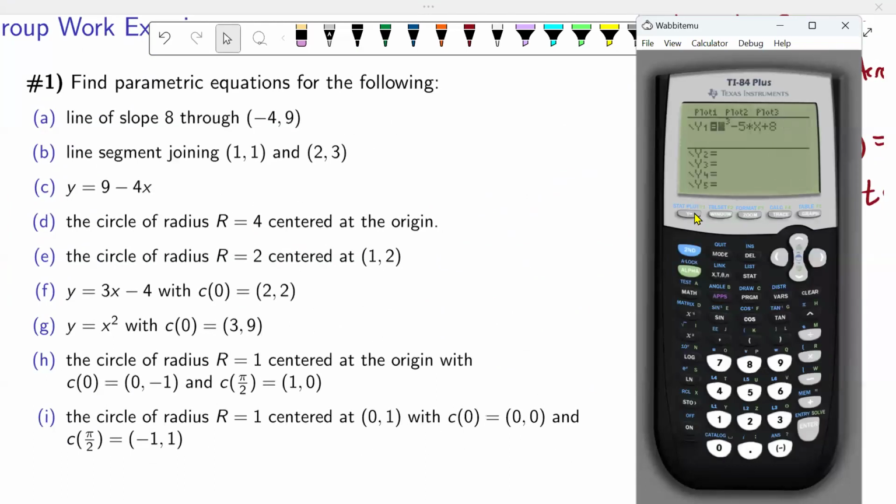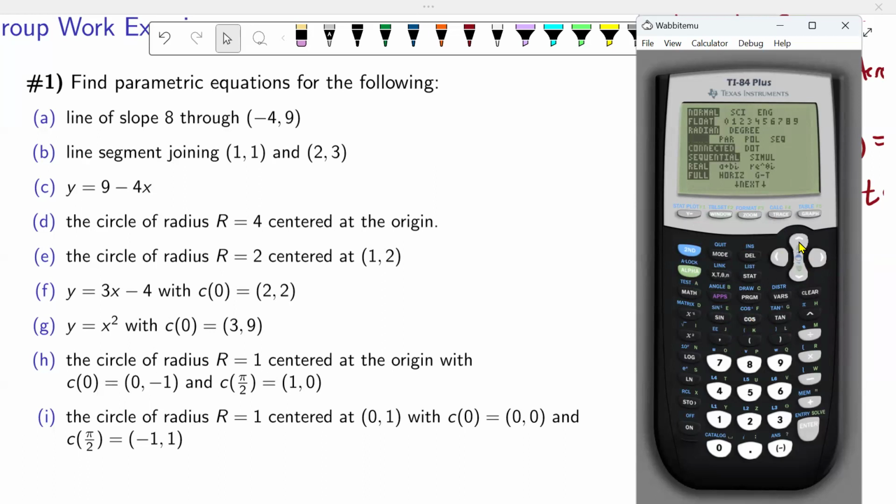It's kind of neat. Let me see if I can remember how this works. I think I go up, do I go up to plot? No, that's not it. Where is this thing? It's been a long time. I go to, is it mode? Mode. I have a feeling this is where I go.